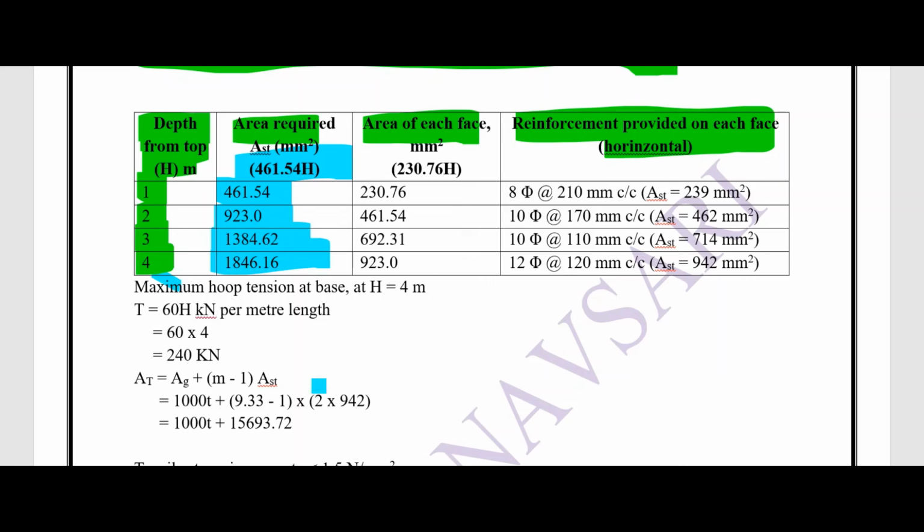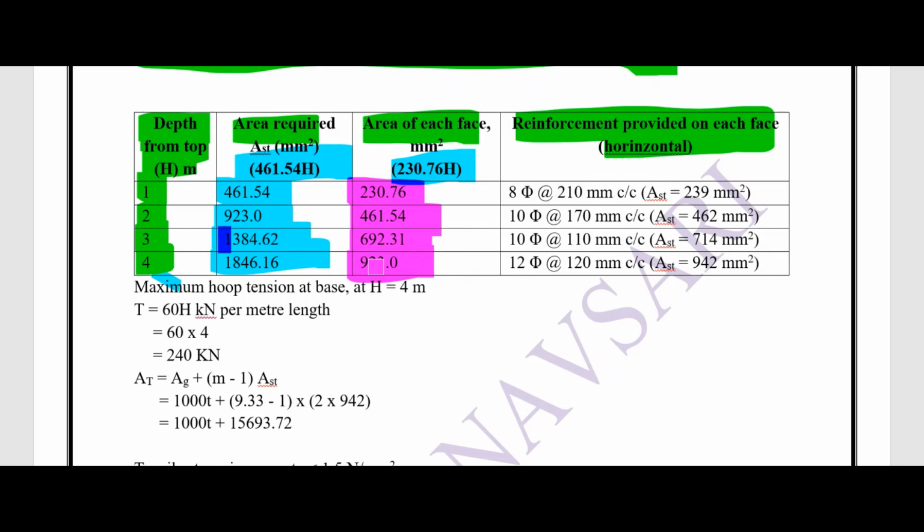Now the area of each face means 461.54 divided by 2, which gives 230.77, then 923 divided by 2, 1384 divided by 2, 1846 divided by 2.